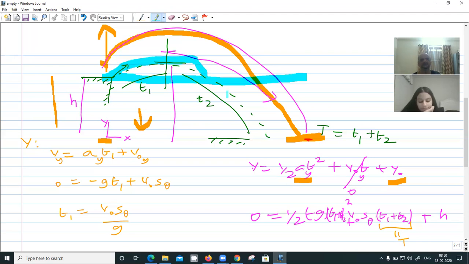Only because I'm going below this initial height does it become asymmetric. Say there's another building here, and I'm shooting from here to the top of the same building, which has the same height. Then it will become symmetric. But here I'm shooting from a building to the ground. There is a height difference between the initial point and the final point, so it will become asymmetric.